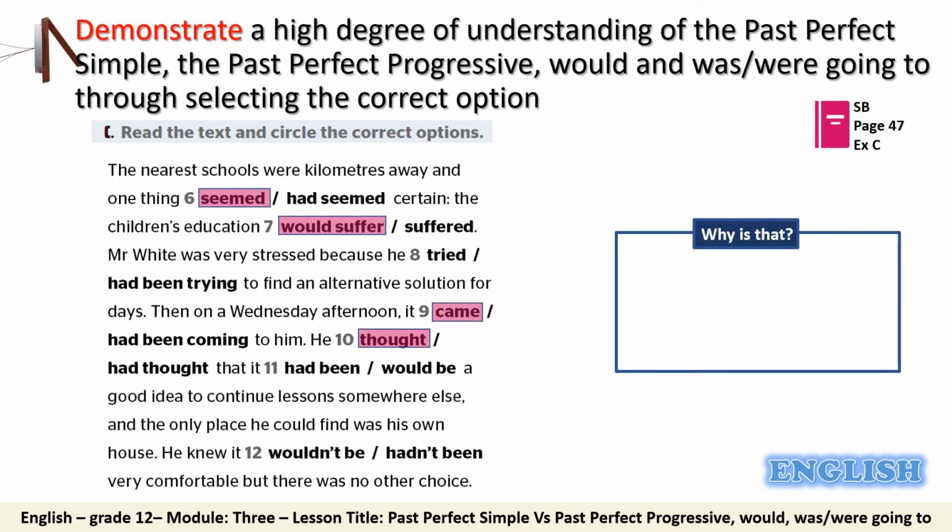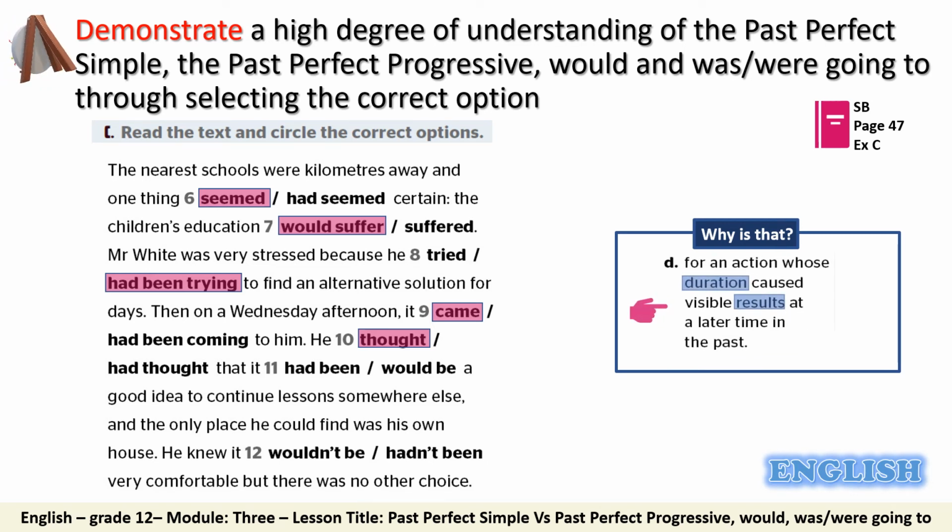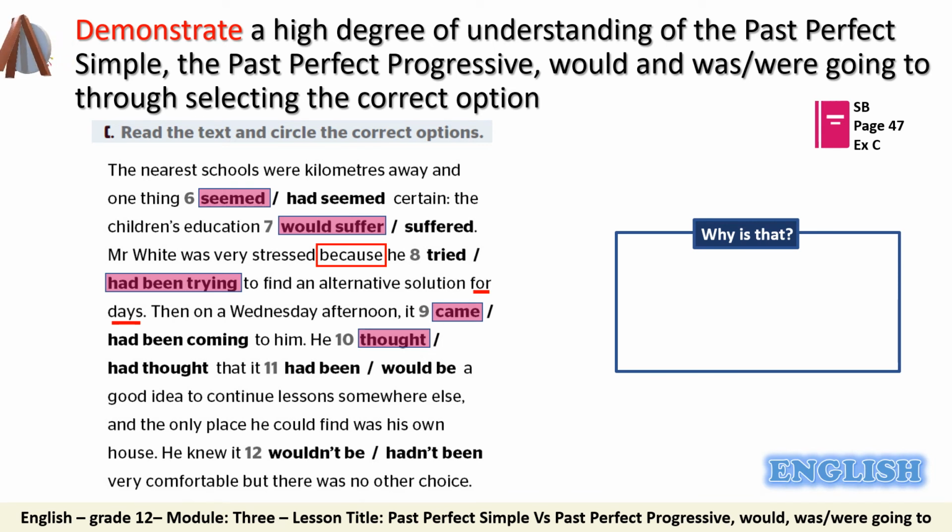Exactly, the past perfect progressive, and the correct answer is had been trying. Can you tell me the reason? Exactly, because it indicates that the duration of an action had visible results at a later time in the past.